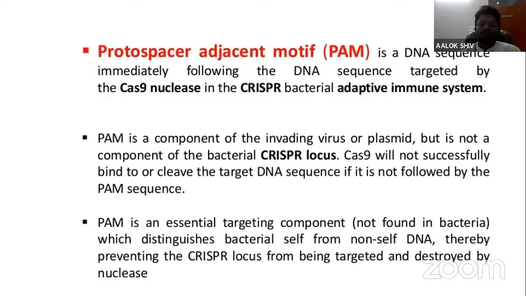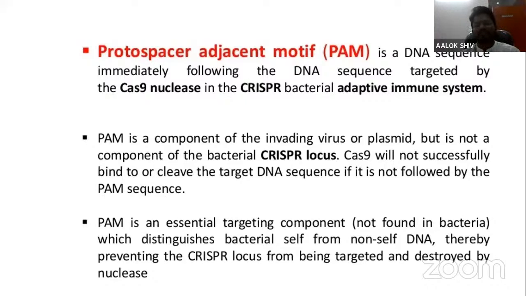You can also ask the question: when the same DNA is present in the bacterial system, then why is it not harming the bacterial system also? It is because the prime requirement for this cleavage is the PAM sequence. PAM stands for protospacer adjacent motif. Along with the DNA of interest which shows homology, adjacent to that there is a three nucleotide sequence, NGG, which is generally important for the CRISPR-Cas9 system.